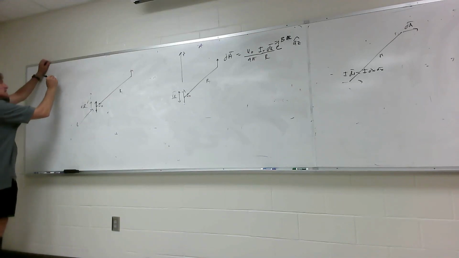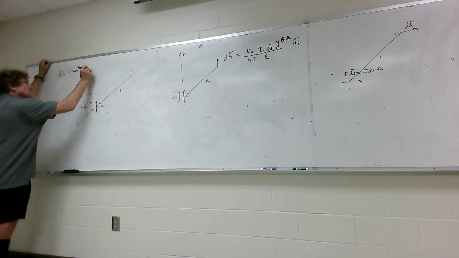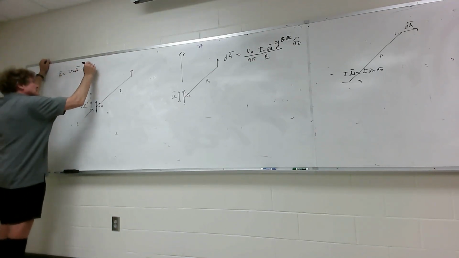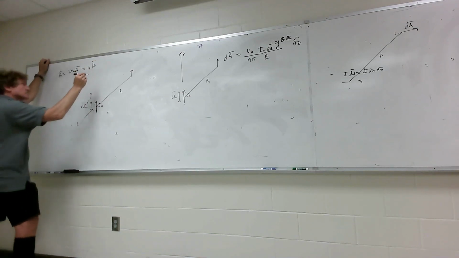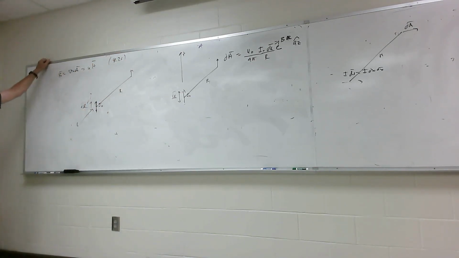I'm sorry. It should be B is equal to curl of A, my bad on this one, which is equal to mu times H. That's what you should see in 8.26. Do you see that? Class? Yes. All right. I'm sorry, I had to curl that backwards.